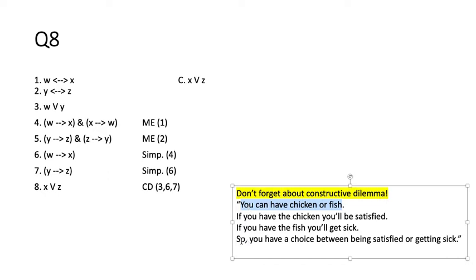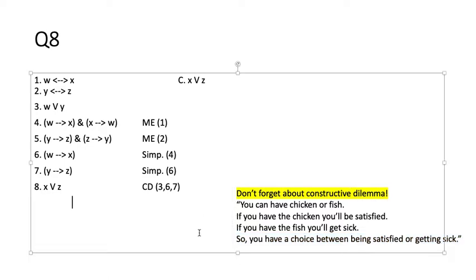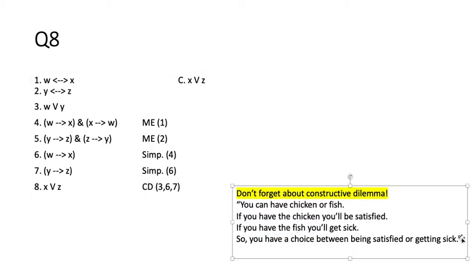And in the conclusion, when I say you have a choice between being satisfied or getting sick, it's also the case that you could be satisfied and get sick. You could have the chicken and get satisfied, and you could also have the fish and get sick. That's on the cards as well. It's a possibility. But yeah, okay. That is constructive dilemma.